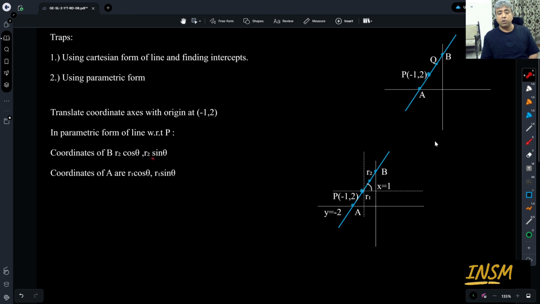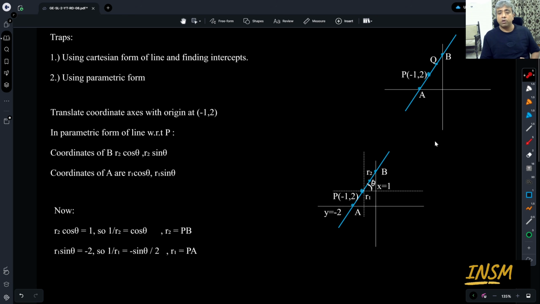The angle with the positive direction of the x-axis we take as theta. So the coordinates of B with respect to the new system are (r2 cos theta, r2 sin theta). Similarly, the coordinates of A would be (r1 cos theta, r1 sin theta).